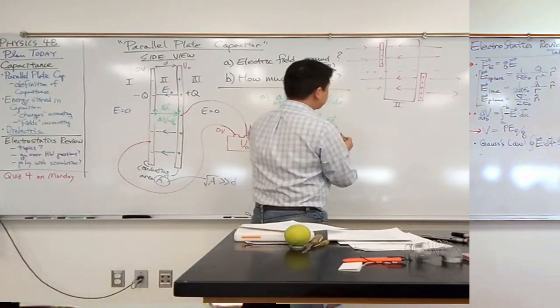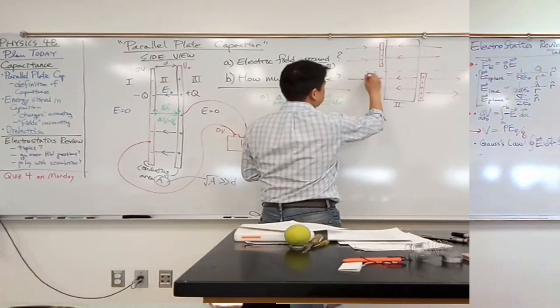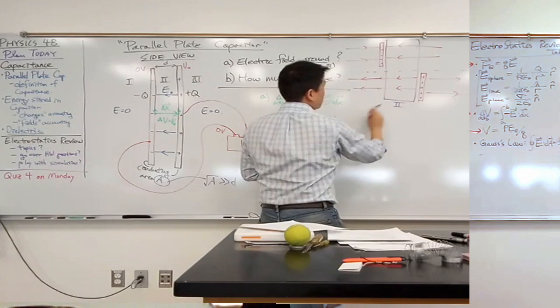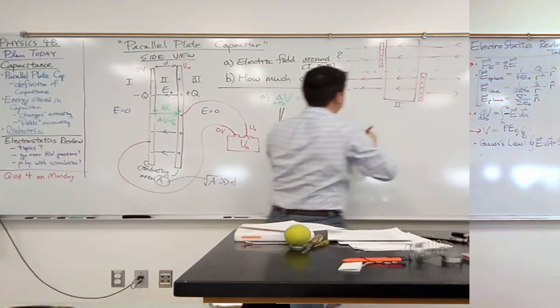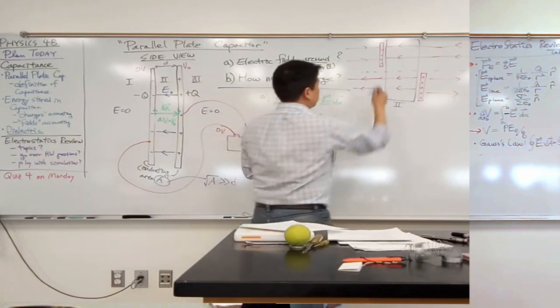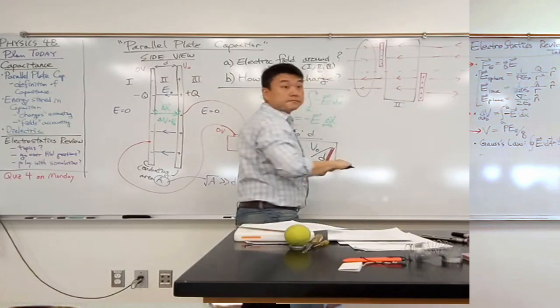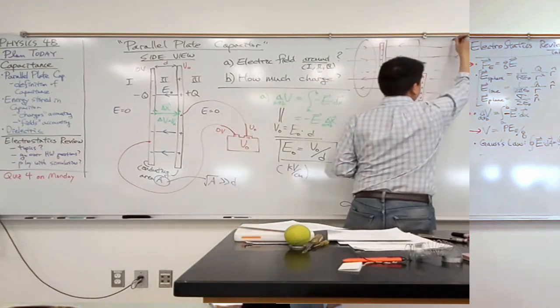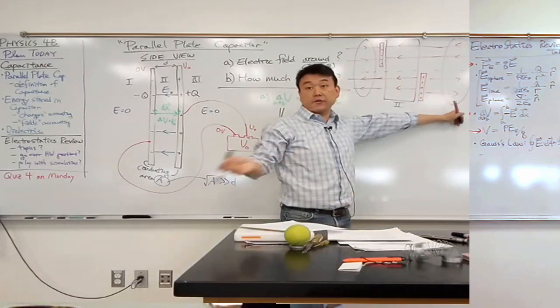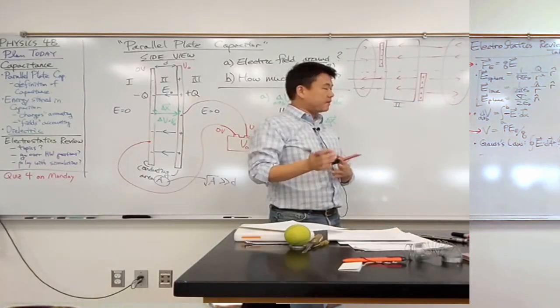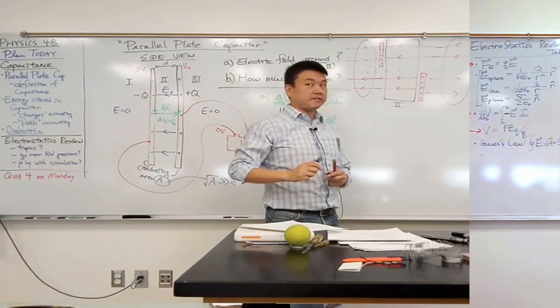But outside, here in region 1 or here in region 3, you see that their relative directions are opposite. So Katie, can you say how do you know they cancel exactly? They are at different distances, right? So how do you know that they cancel exactly?